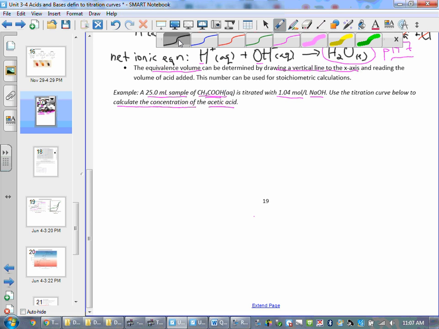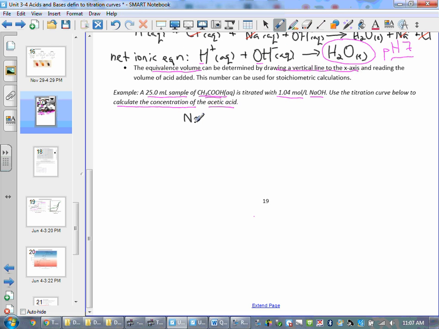Ava, what are the two things that we're reacting? NaOH and then CH3COOH. Awesome. Sarah, what are two products that we're making? I think you get NaCH3CO.